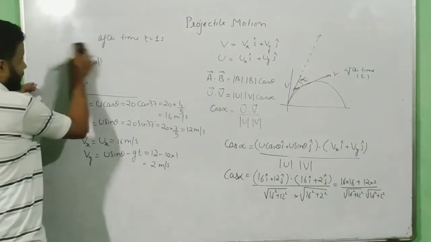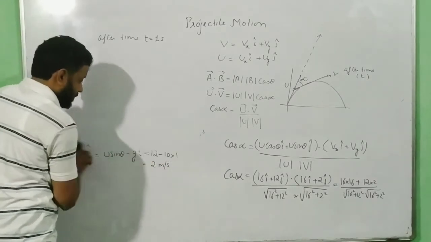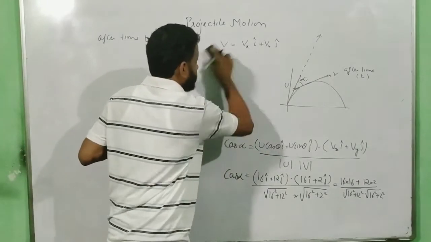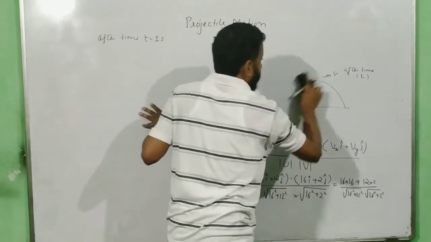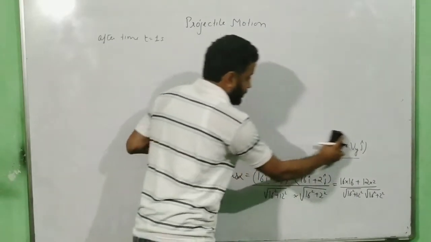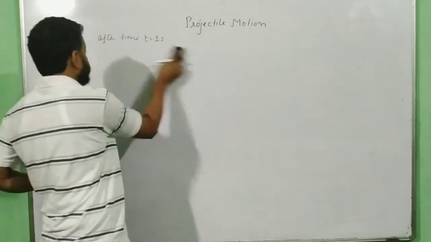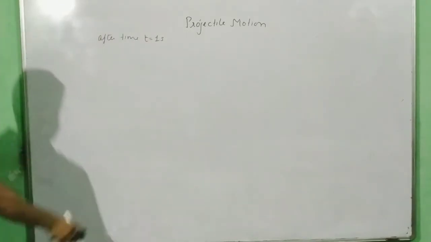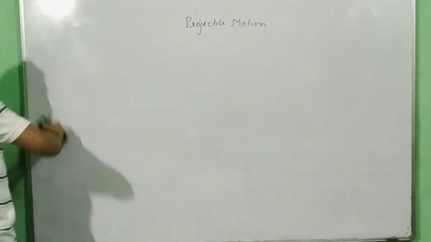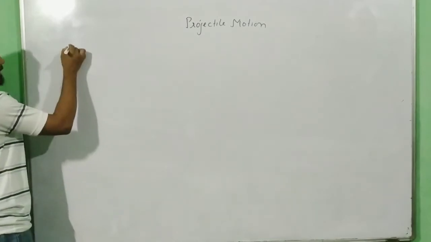Not only this, we can also find the angle between the velocity vector and, let us say, the acceleration vector.